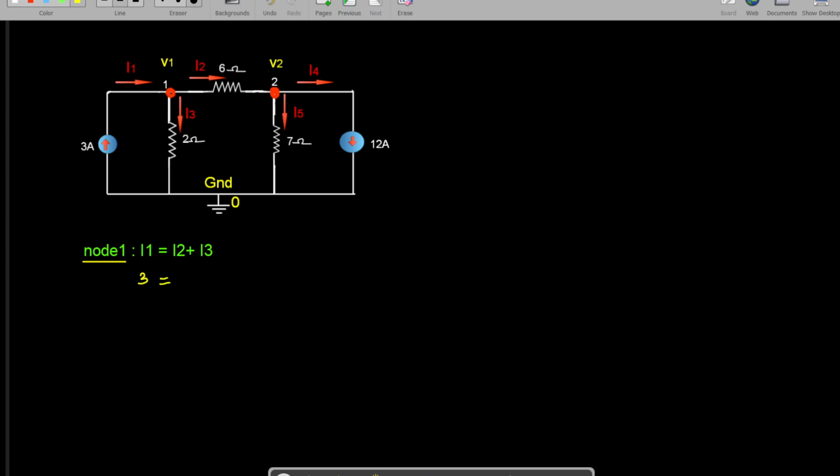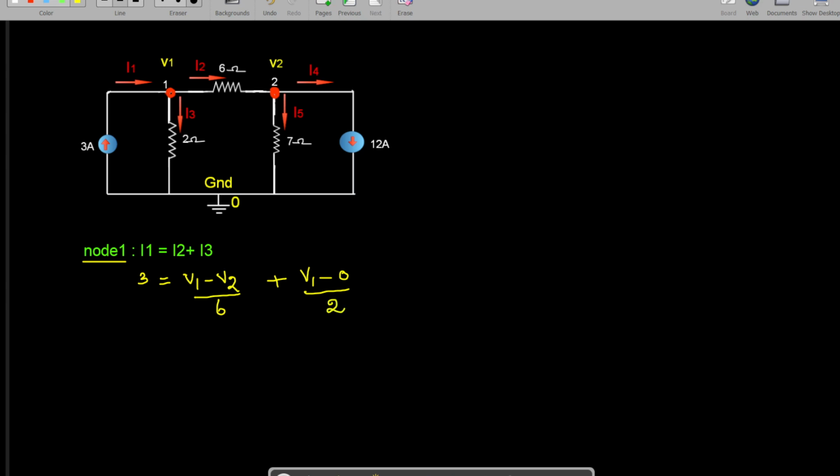This I1 current we know that it is 3, that is equal to I2 that can be written as V by R. So in that V1 minus V2, so it flows from first node to the second node. What is I3? I3 is flowing from first node to the ground, so it is at potential V1 minus the ground potential 0 divided by the resistance 2.